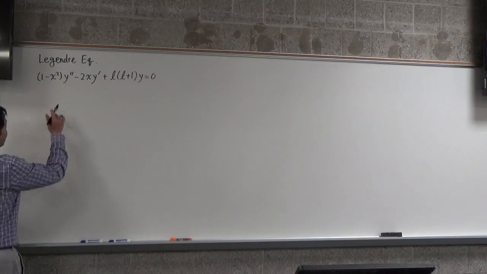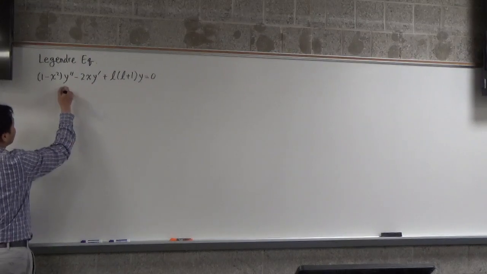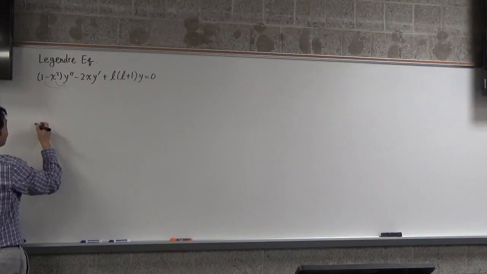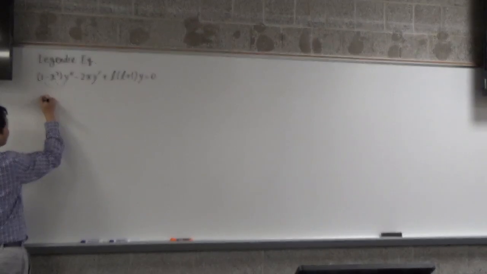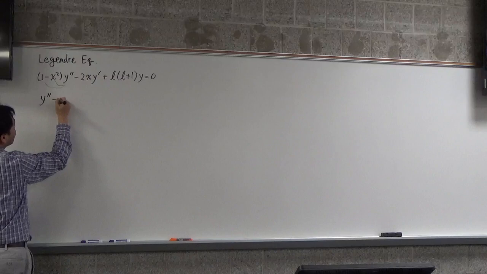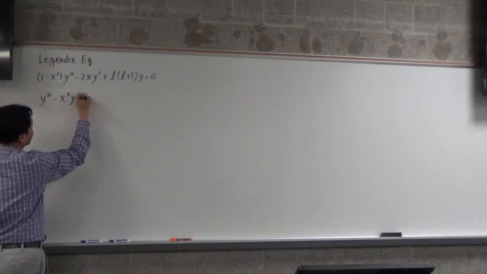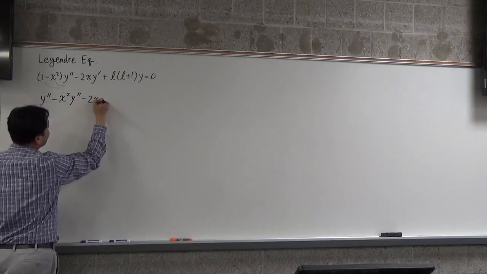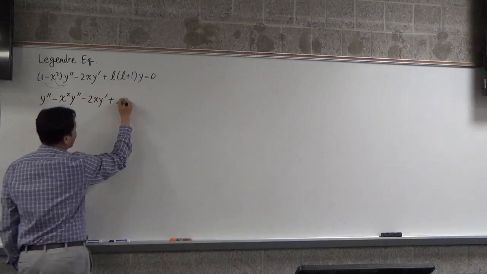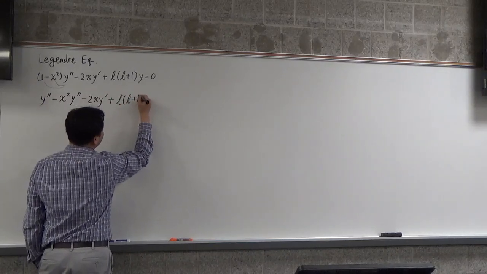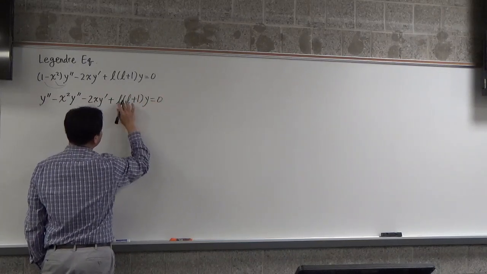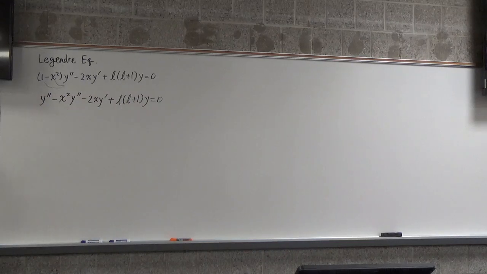Alright, as before, we learned that we should multiply this out, so expand this so it's y double prime minus x squared y double prime minus 2x y prime plus L times (L plus 1) y. And we're going to assume that L is some kind of a positive integer.